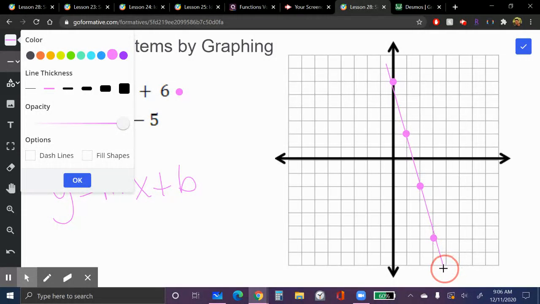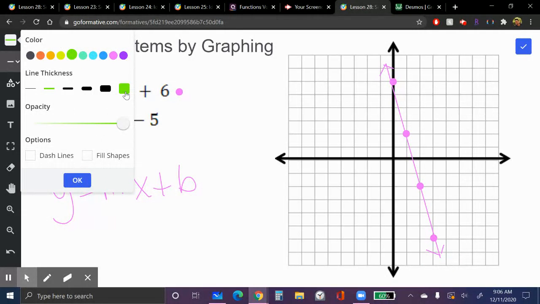There we go. That's kind of a nicer line. Arrowheads. Don't forget the arrowheads. It shows you're going to infinity. Okay? I'm going to change my color for the next one.